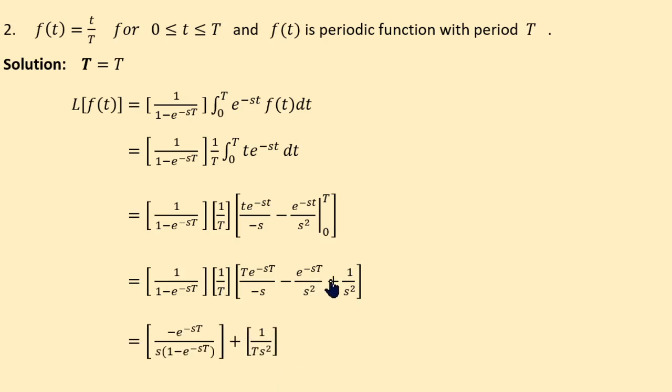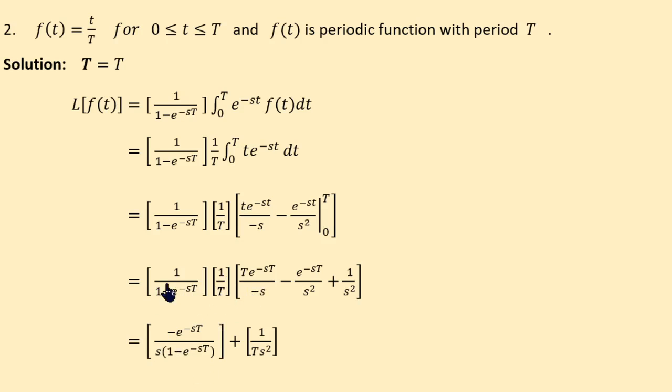Therefore by combining these terms, it is 1 by T s square. The first term, t e power minus st with this minus sign, gives minus e power minus sT divided by, so T is cancelled, s into 1 minus e power minus sT. So this is the first term.